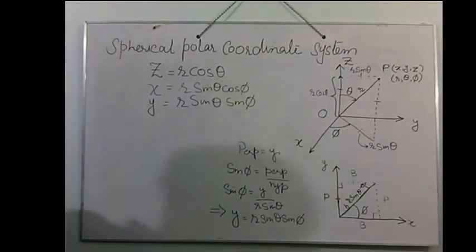So if we have a rectangular coordinate system which has coordinates x, y, z, we can convert it into spherical polar coordinates. So we have the conversion as z is equal to r cos theta, x is equal to r sin theta cos phi, and y is equal to r sin theta sin phi.